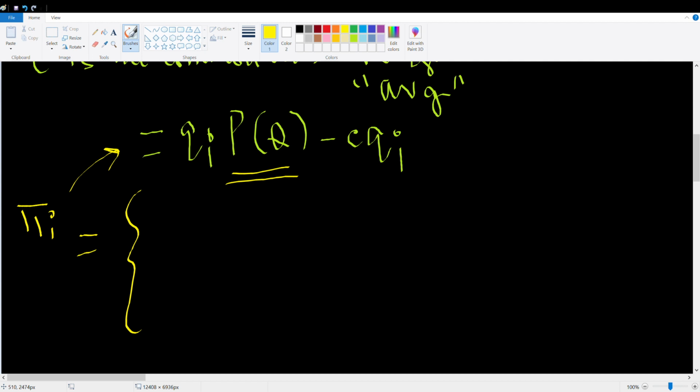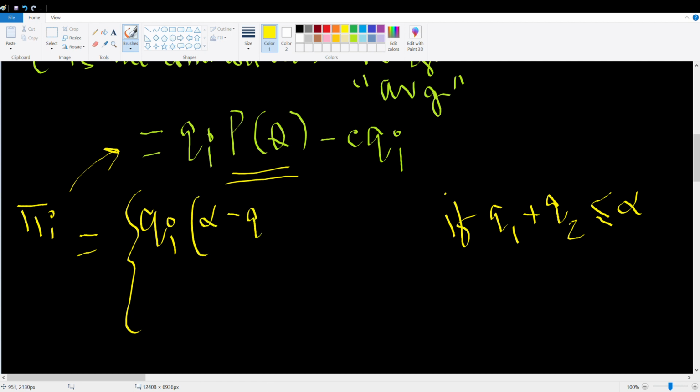So if firm i is producing quantity Qi, then if Q1 plus Q2, or the total quantity produced in the duopoly, is less than or equal to alpha, then P(Q) is given by alpha minus Q1 minus Q2, and total cost is c Qi. So this is your profit when Q1 plus Q2 is less than or equal to alpha.